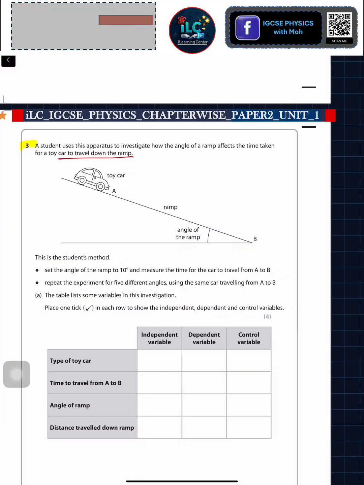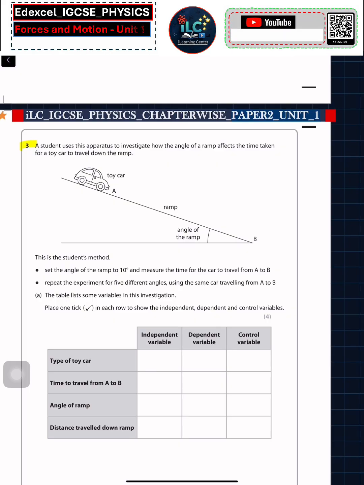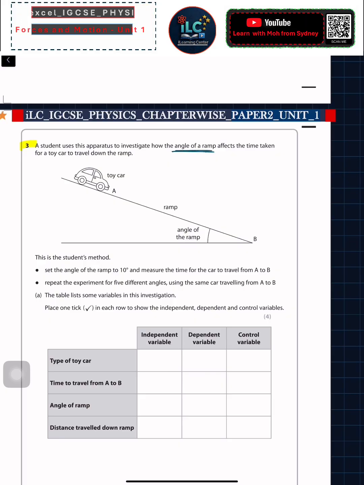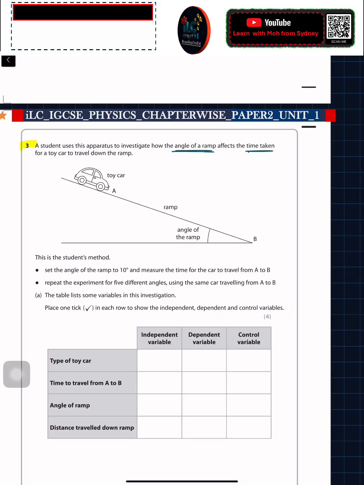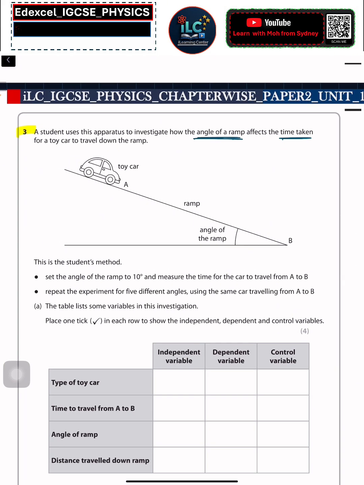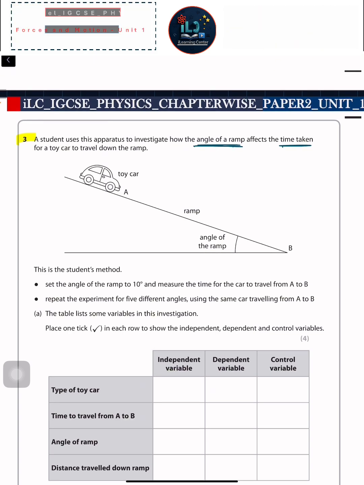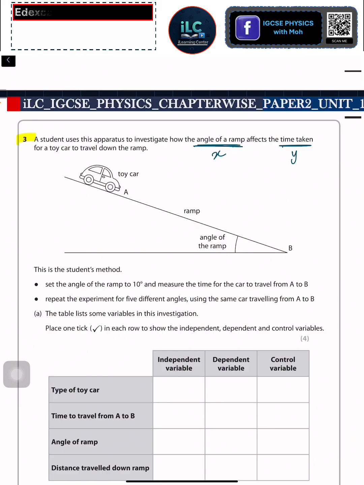Okay, so there's two things. He's just trying to investigate, doing an experiment, what can be the factors of angle of ramp and the time taken. Okay, two different variables. Understand, for 90% of the questions, it's not a golden rule, but for 90% of the questions, the first one they will say is x, and the second one they will say y.